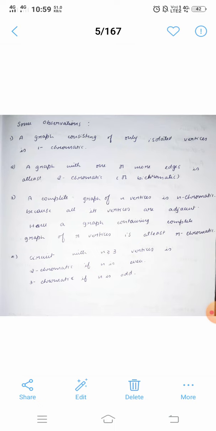There are no edges, only the vertices we are having. Then we can paint all the vertices with the same color because no vertices are adjacent to each other. So we can paint with only one color. So that graph which consists of only isolated vertices is called a one chromatic graph. It is a one chromatic graph.